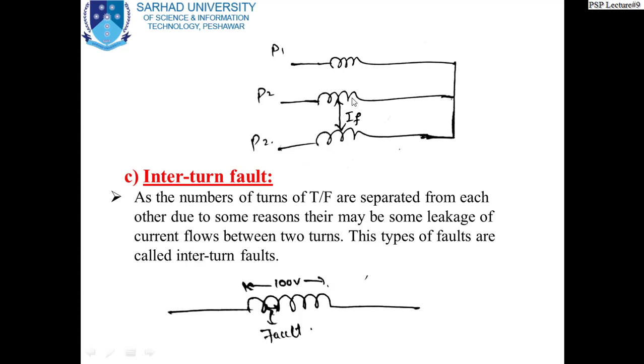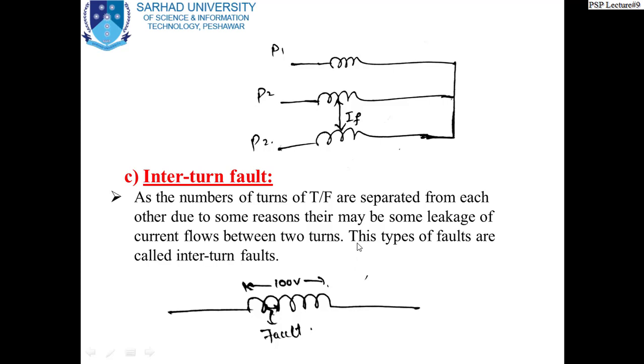Okay. Now C is inter-turn fault. When the turns of the transformer are separated from each other due to some reasons, there may be some leakage of current flow between the two turns. Gentlemen, two turns in a transformer are not normally at the same potential.